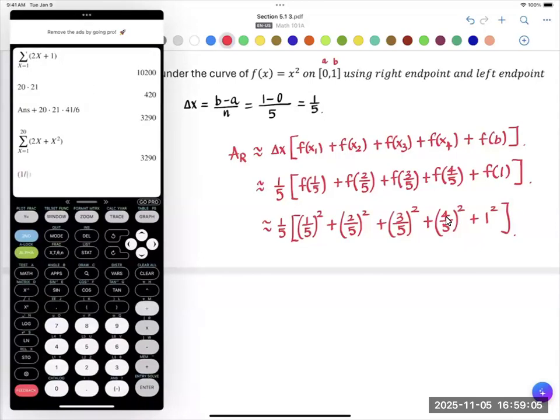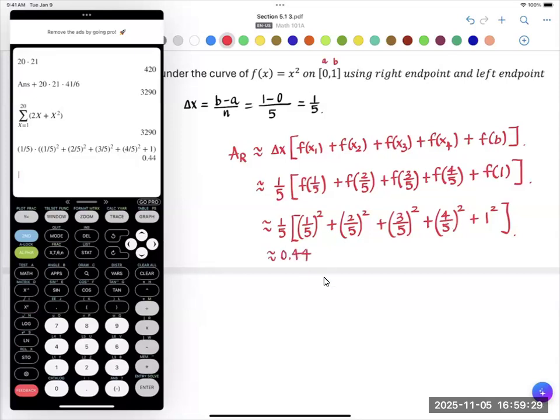So 1/5 times 1/5 squared, 2/5 squared, and so on, and that will give you about 0.44.